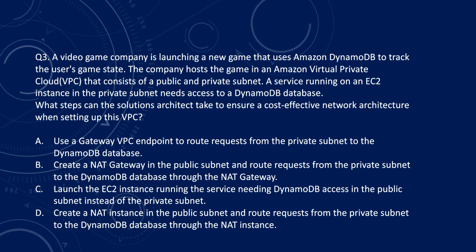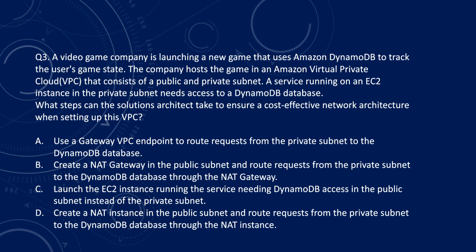Option C is launch the EC2 instance running the service needing DynamoDB access in the public subnet instead of the private subnet. Option D, create a NAT instance in the public subnet and route request from the private subnet to the DynamoDB database through the NAT instance.